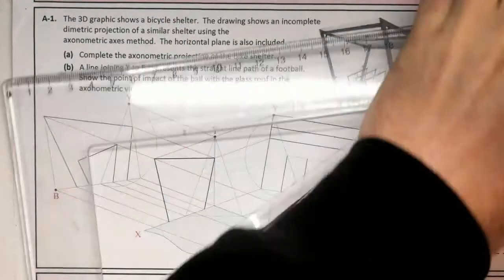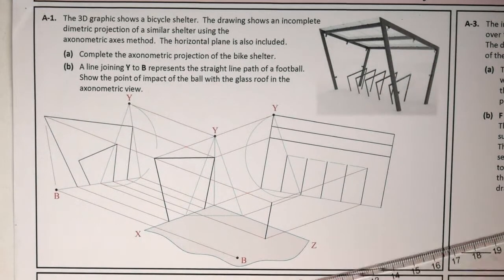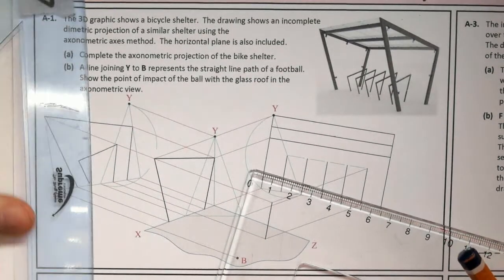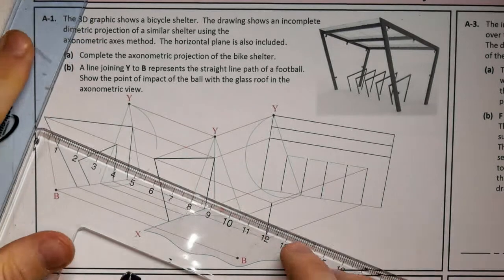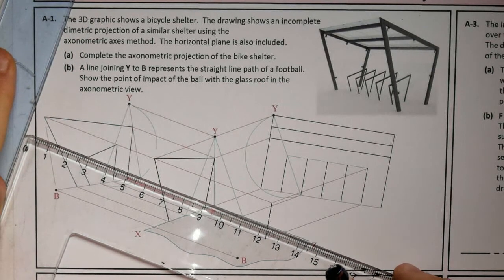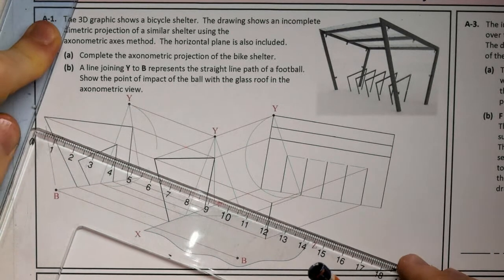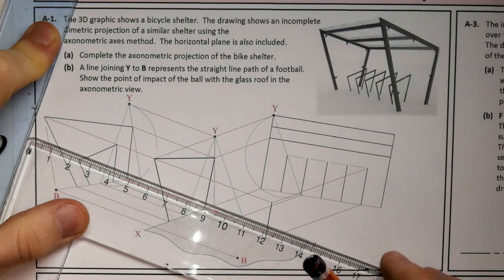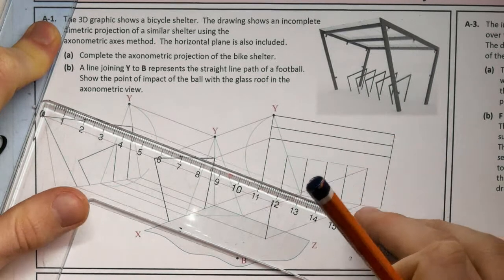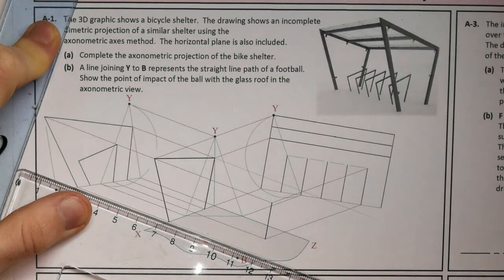I'll start off first of all with the overall shelter, using my sliding set squares. So running parallel here to my z-axis, project back all of these points for the main body.